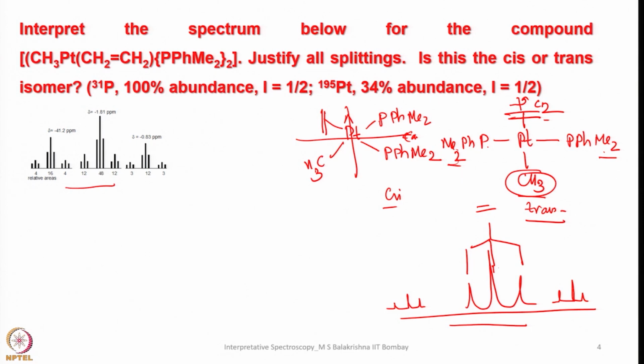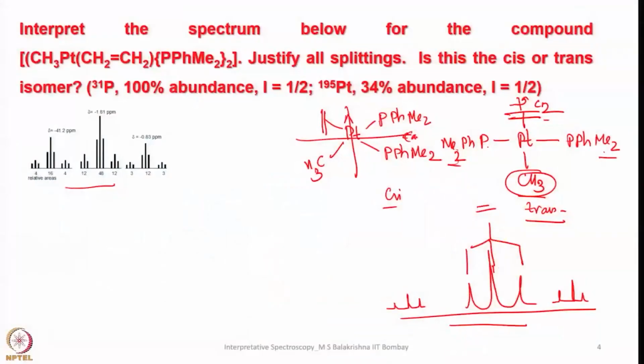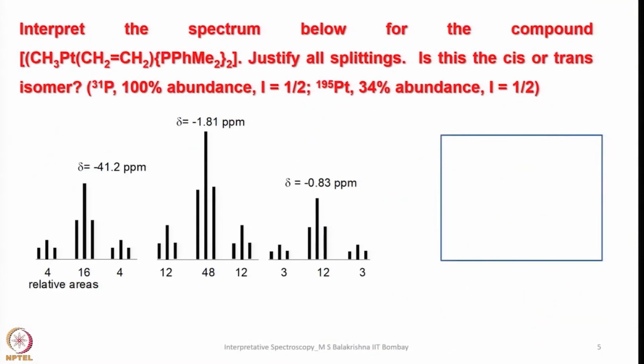That means we can anticipate 3 sets of individual separate triplets in the 1H NMR, and they will have corresponding platinum satellites. That's what the spectrum looks like, and you can see the expanded version here. One is at minus 1.n ppm, another is at minus 41.2 ppm, and the other is at 0.083 ppm.